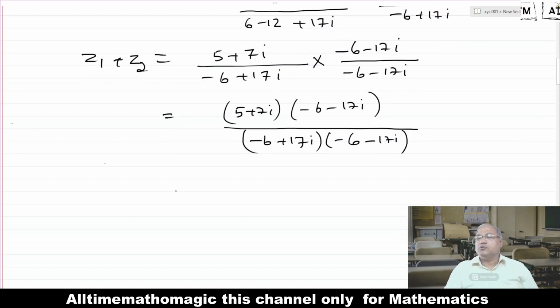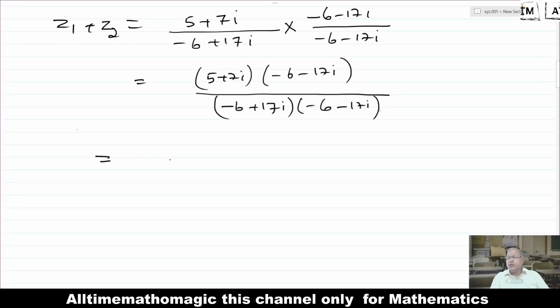Now we can multiply the numerator as well as the denominator. In the denominator, (a plus b)(a minus b) equals a square minus b square, and the numerator is a plain multiplication. So we will simplify both numerator and denominator.